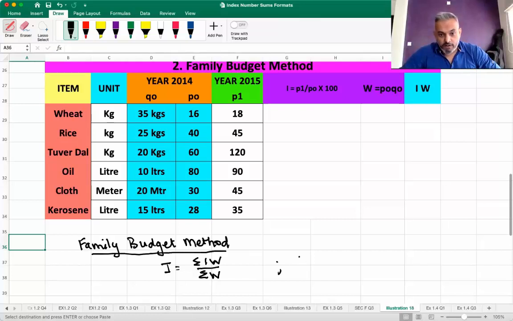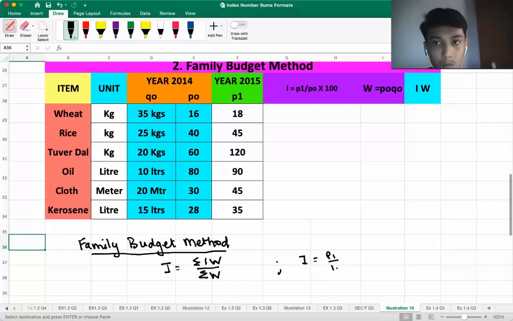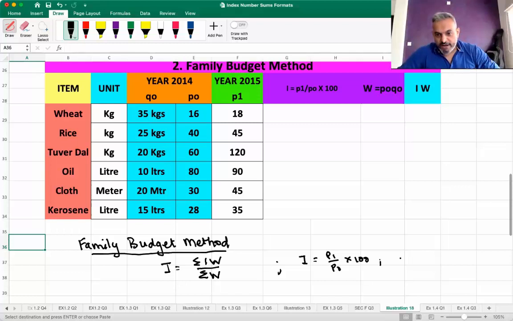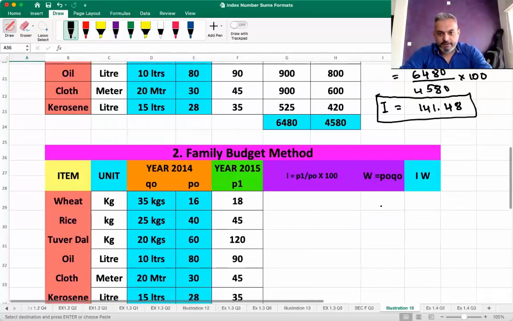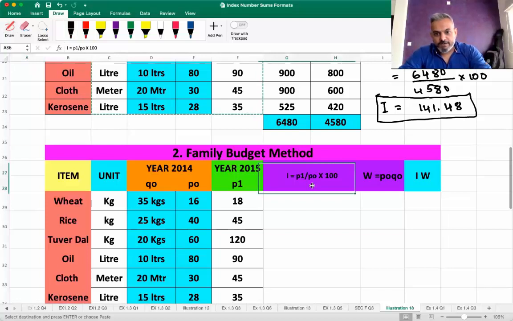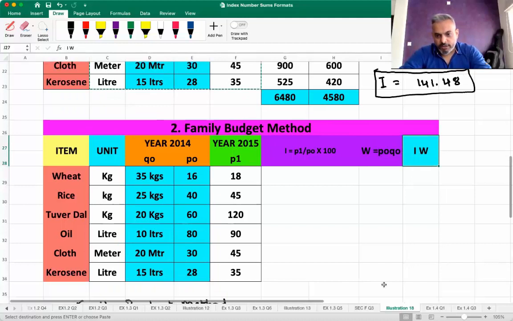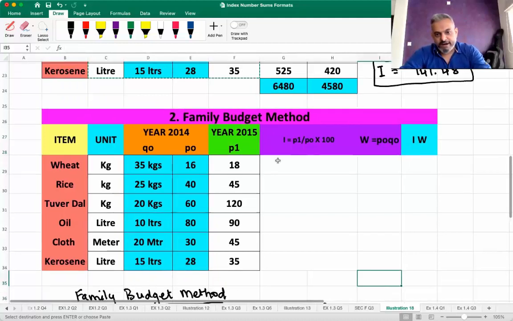So I is equal to P1 upon P0 into 100 and weight is equal to P0Q0. So that is how we will do it now. So we find out I, which is P1 upon P0 into 100, and then weight, and then I into W, and the total of W. So let's start one by one.